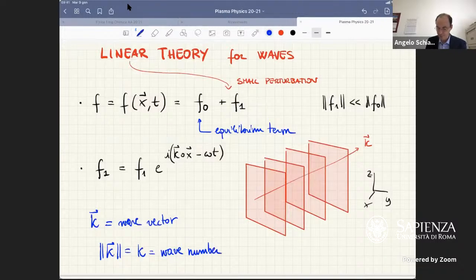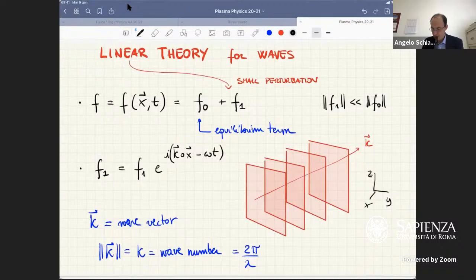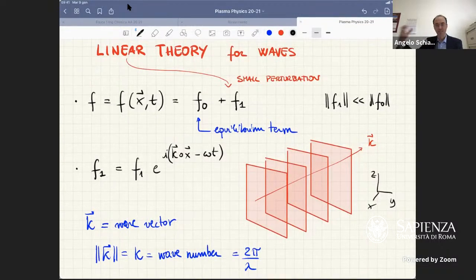And remember that the wave number k is equal to 2 pi over lambda. So if we take two of these planes here, the distance along the propagation direction k of the two planes is a wavelength, which is just 2 pi over k.